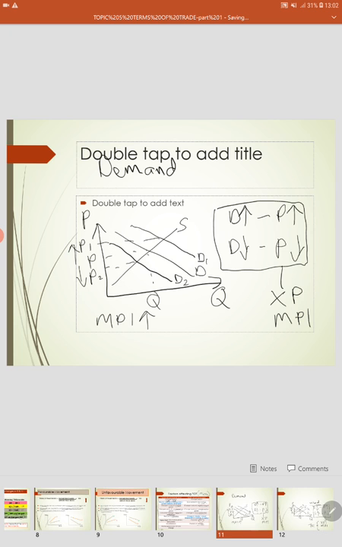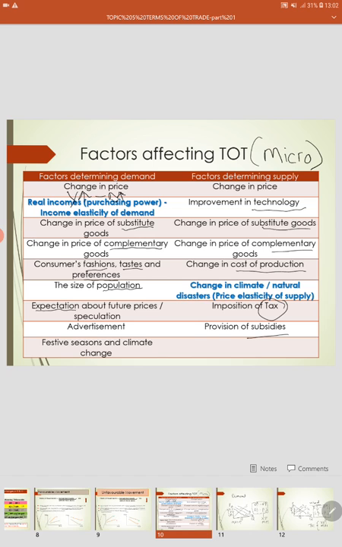Okay, so this is a micro aspect. Okay, micro aspect, I mean individually we look at different factors. So you need to know this, especially during data response questions where you have articles, there is changes in minings or service base.